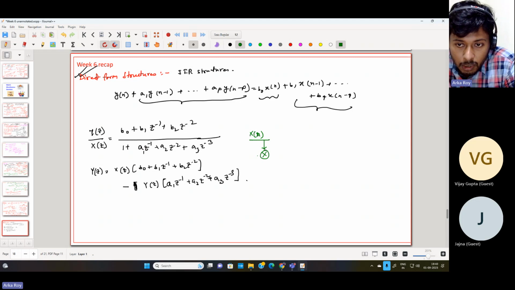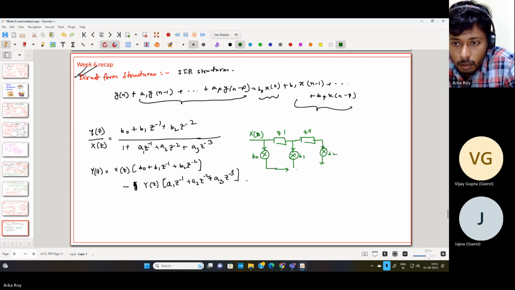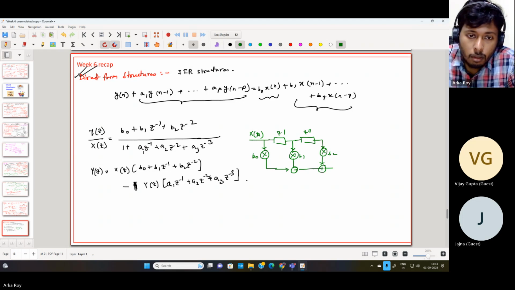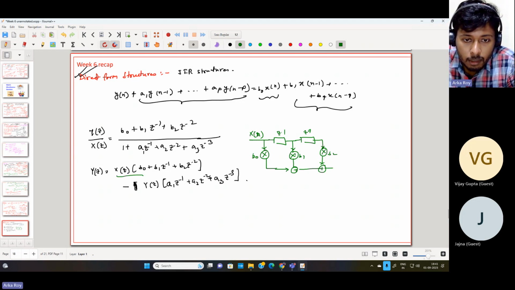So there is a multiplier with b naught, then there is a z to the power minus 1 component, and then there is b1, then again there is z to the power minus 1, and then again you have b2. Then you are adding these with an adder. So here you will get the output.